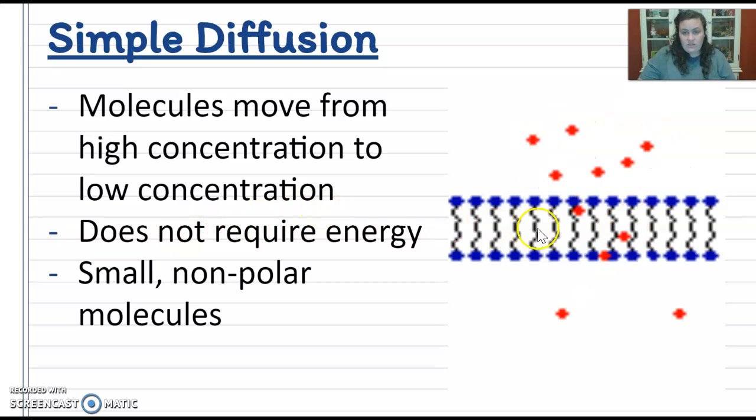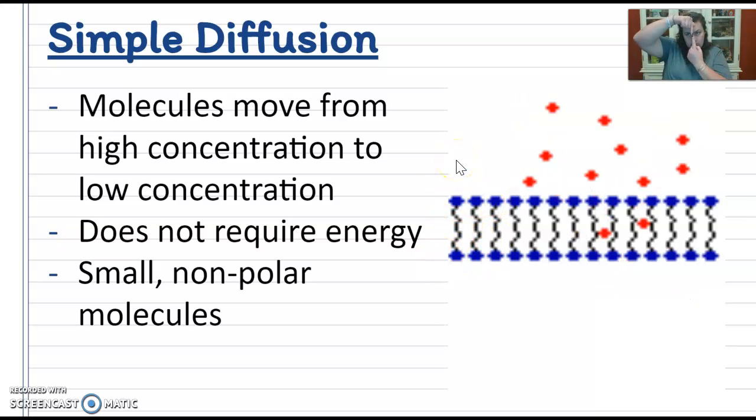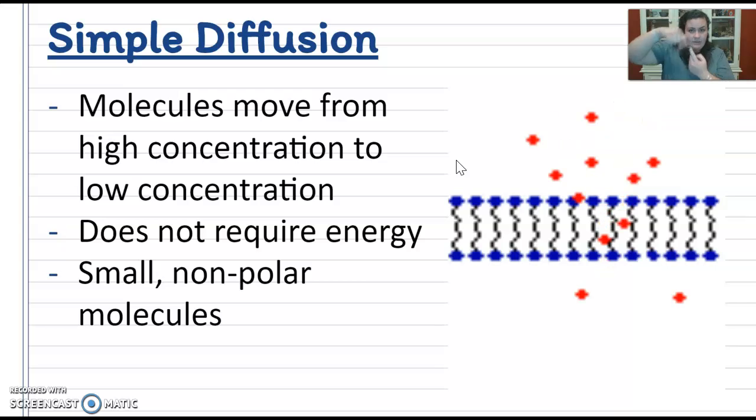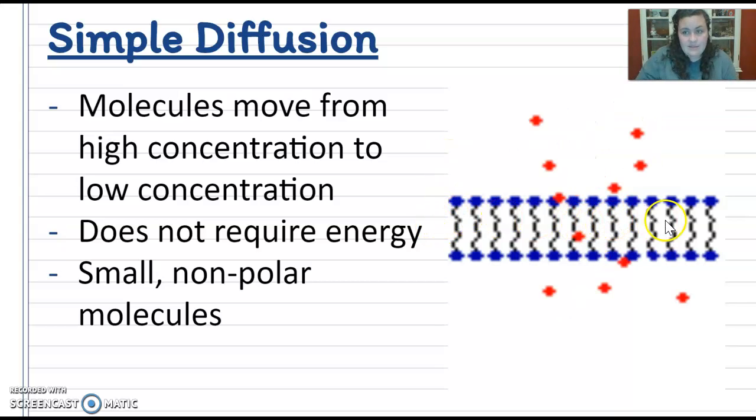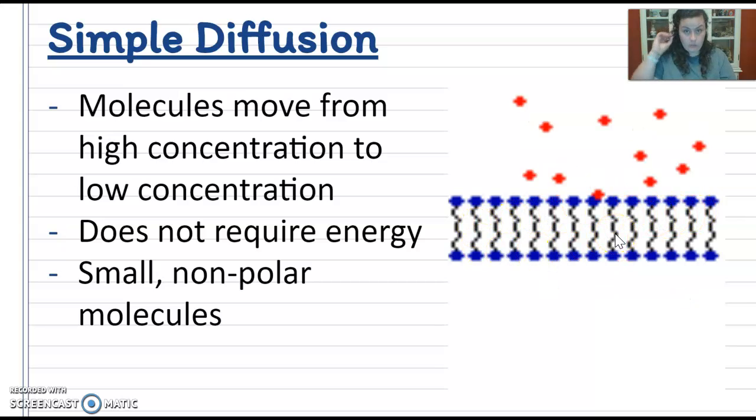It's just going to happen on its own. Now, we talked on Friday about the way that a cell membrane looks. So we have this phospholipid bilayer here, 2 layers, a top and a bottom, of these phospholipids. Now, this middle part is the lipid part, which means that it is fat, which means that it is nonpolar.